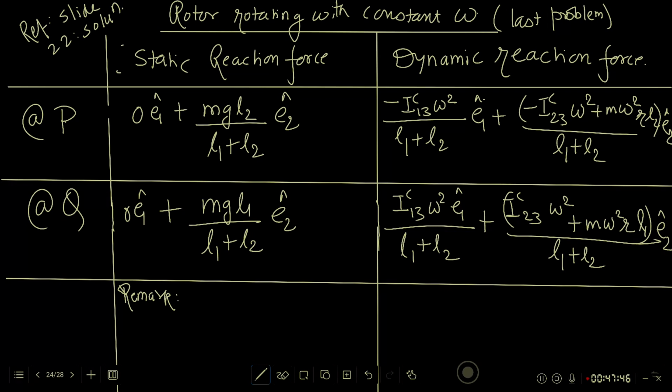Plus m omega square or L2. This is the segregation.